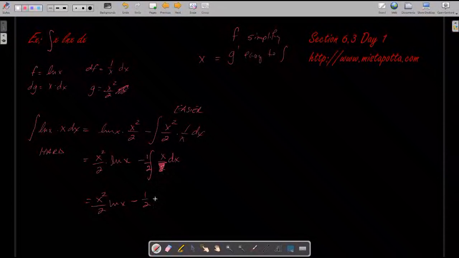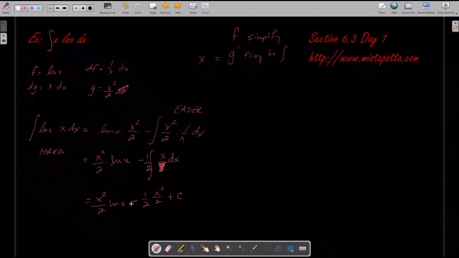plus a constant. And this is where I said I would take care of the constant after I've taken care of all of my antiderivatives. Integration gives me a constant every time I integrate. But since we're adding and subtracting, I can combine these into one grand constant.